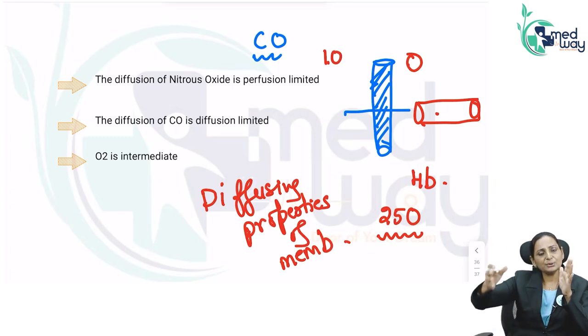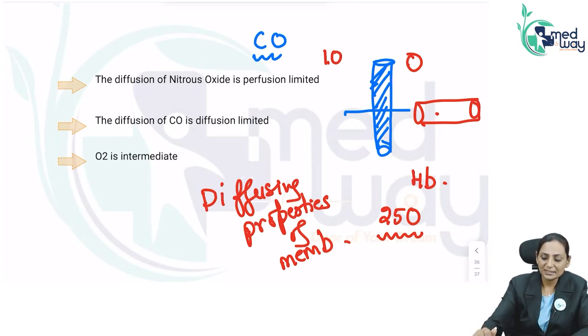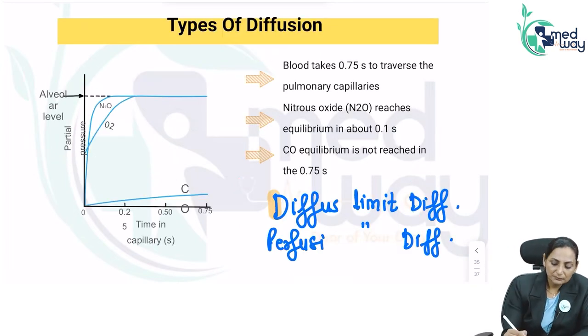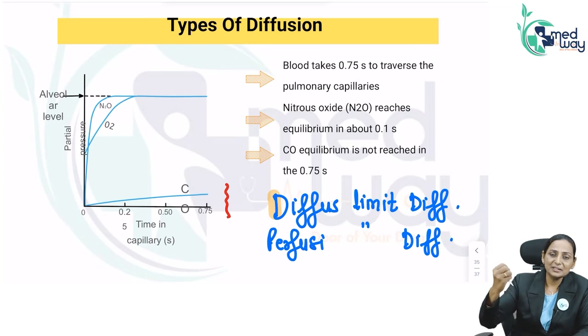Otherwise it continuously crosses, because it never attains the same gradient; every time it comes inside, it is picked up. In the graph, 0.75 second is the time required for transit of the RBCs through the pulmonary circulation, and carbon monoxide saturation does not occur because it is always picked up. It is diffusion limited because it has an affinity to bind to hemoglobin.